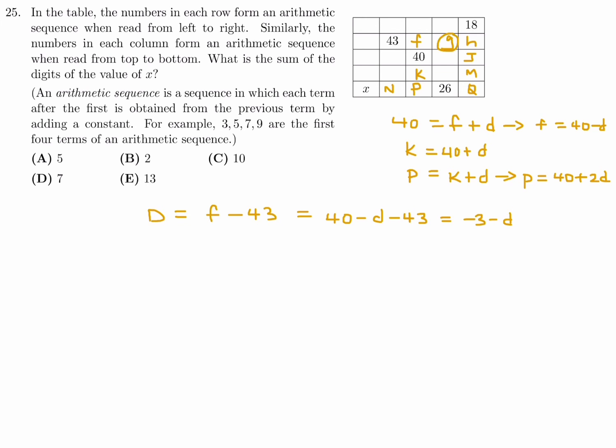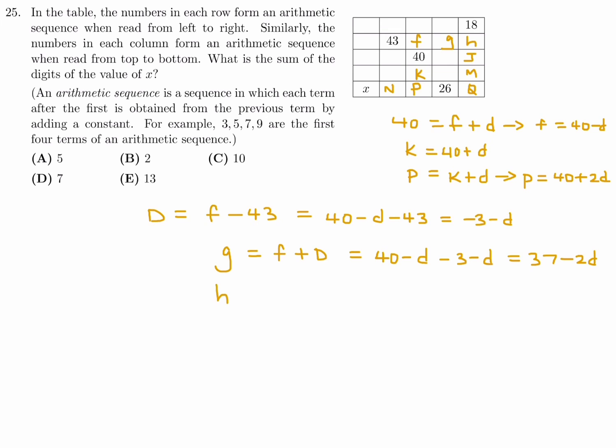And then we look at the next term over. That term is F plus the difference in this case, which is big D. We know F is 40 minus D, big D is minus 3 minus D. So substitute those in. We get 40 minus D plus D minus 3 minus D. So this would be 37 minus 2D.